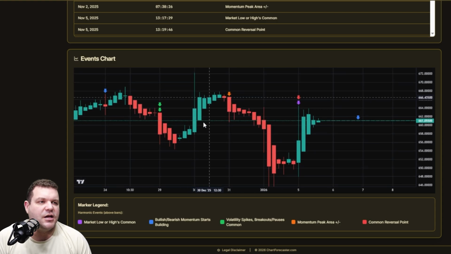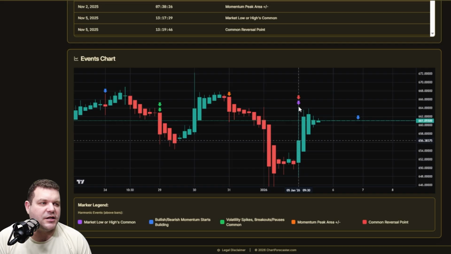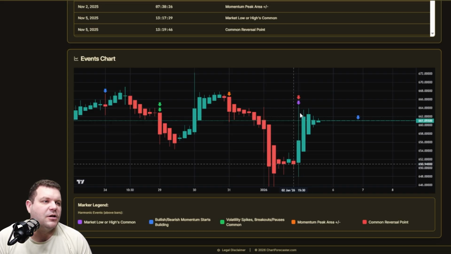Here was another great spot where Chart Forecaster really identified the momentum peak, and the bottom fell out. Price action then rebounded, and this wick here, Chart Forecaster predicted that this would be a common reversal point and a market high or low area.